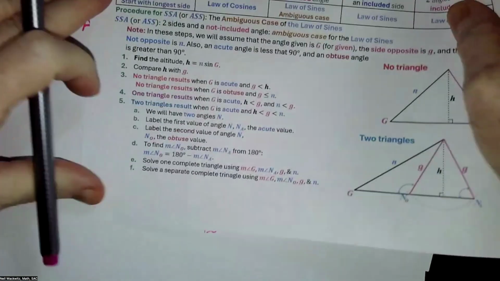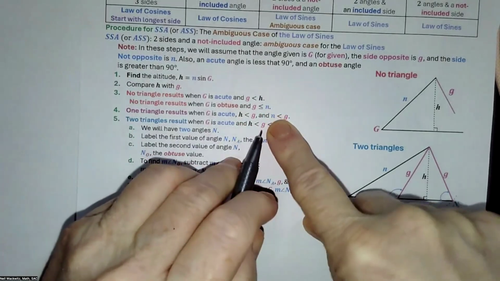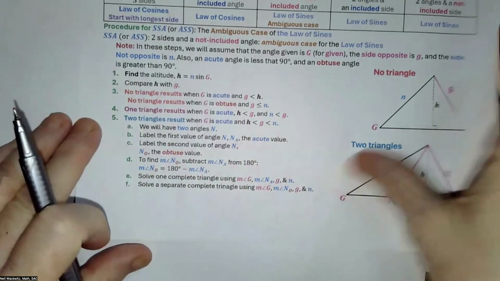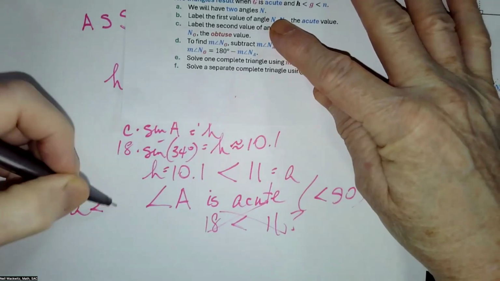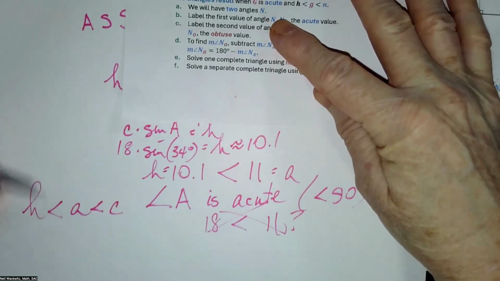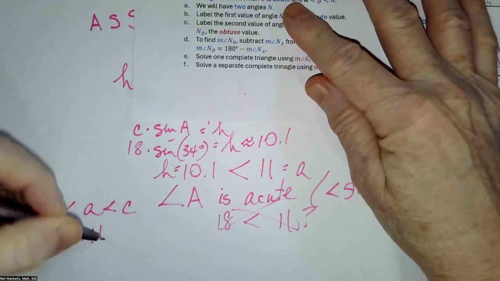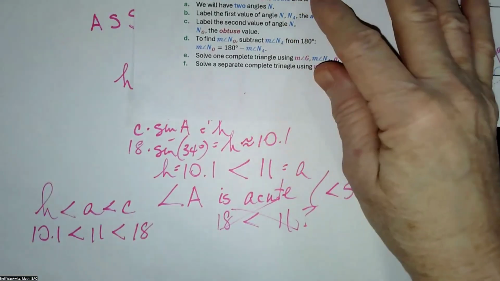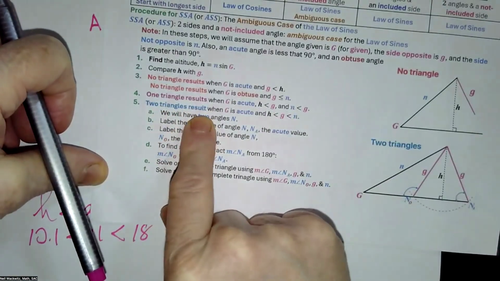So we do have h less than g, but g is smaller than n. So little a fits in between c and h, because h is 10.1, a is 11, and c is 18. And that means that we will have two triangles.